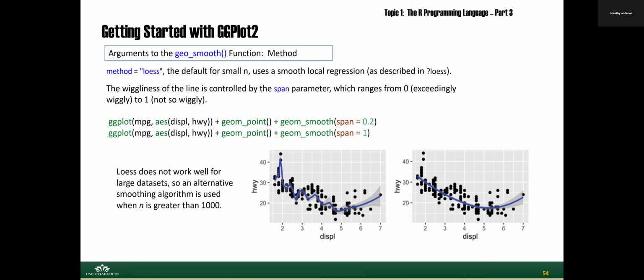So in the GeoSmooth, this span parameter ranges from 0, exceedingly wiggly, to 1, which is not very wiggly. And we can see when we have a small span, we get the graph on the left. But again, all this wiggliness is not really representing a good fit of the data, because it doesn't generalize very well.